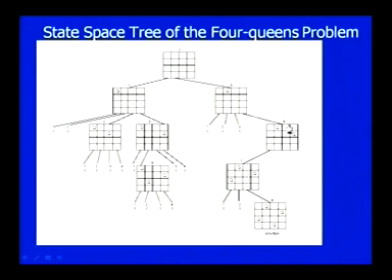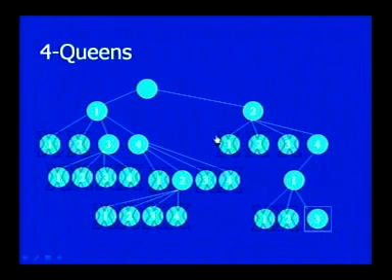Since this tree is so large, we are introducing the notions of a live node, E-node, etc., dead node, etc. Now you can see a possible tree combination of the 4 queens problem.